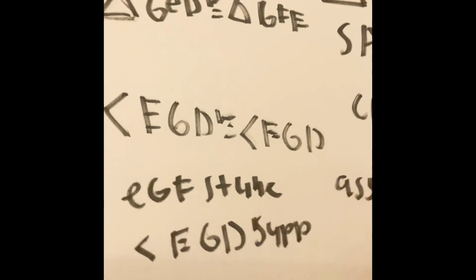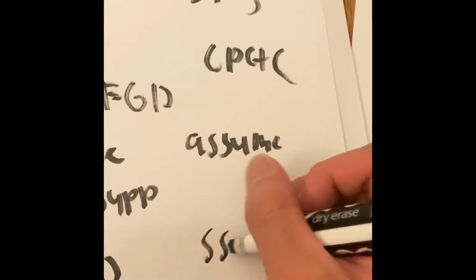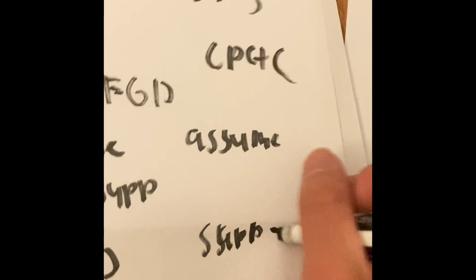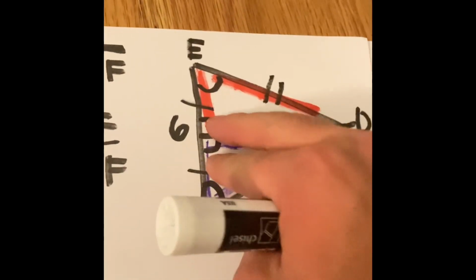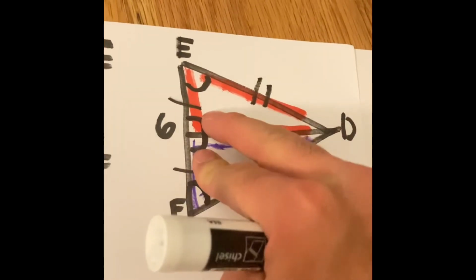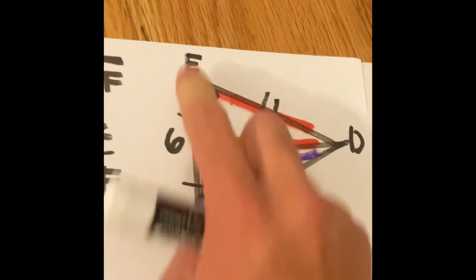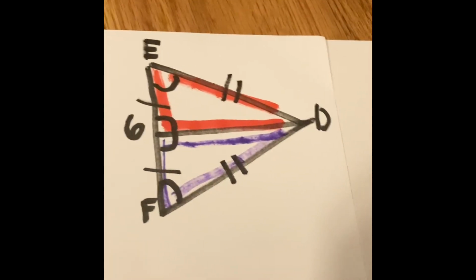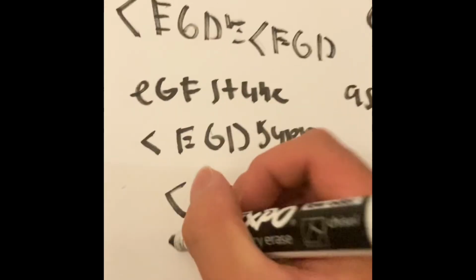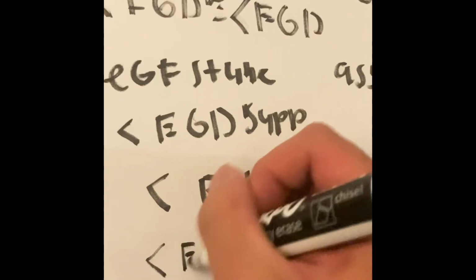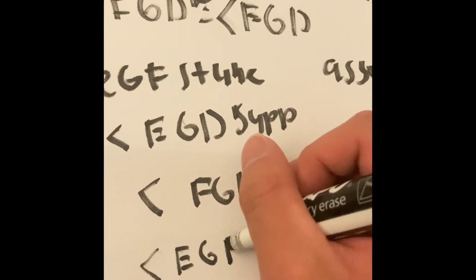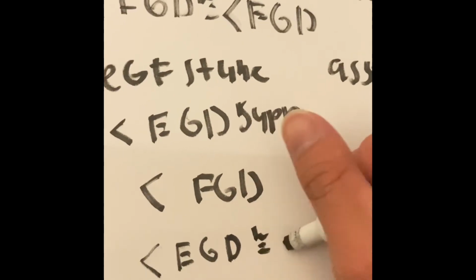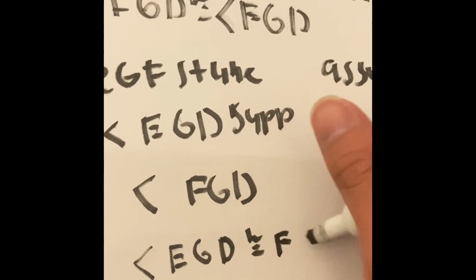Now we're going to say supplementary angles bring us to 180 degrees. So if we understand that those two angles are supplementary, and they're both congruent, and there is also a straight line, we can now prove that angle EGD is congruent to FGD.